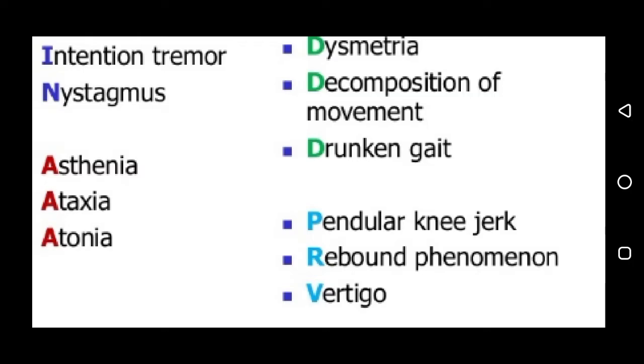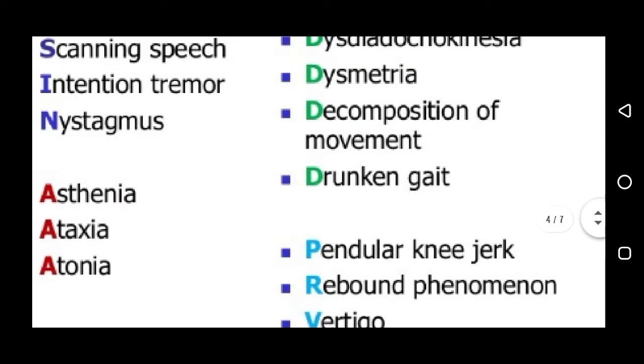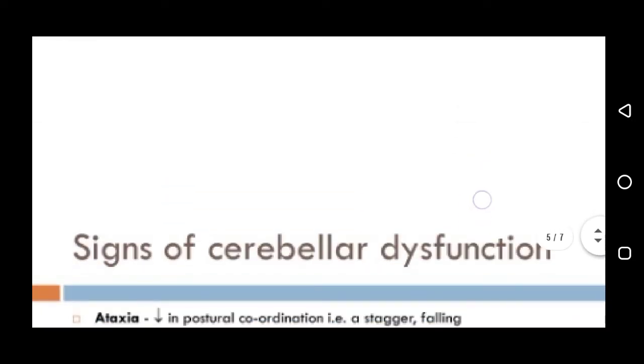It occurs due to loss of balance and may be seen in cerebellar regions. There may be nausea and vomiting present in this disease. So these are the main signs of cerebellar lesion. You have to remember all of these point-wise, one by one.